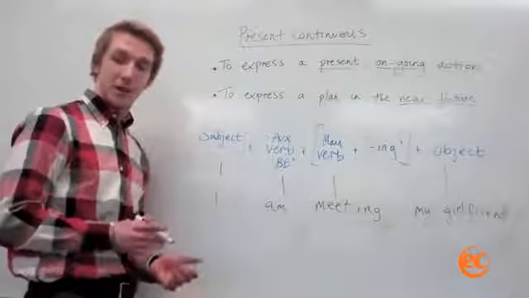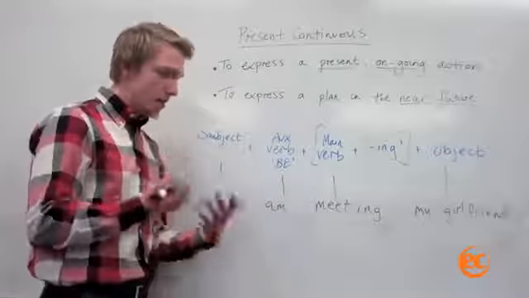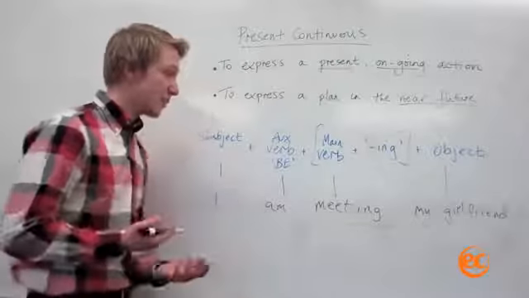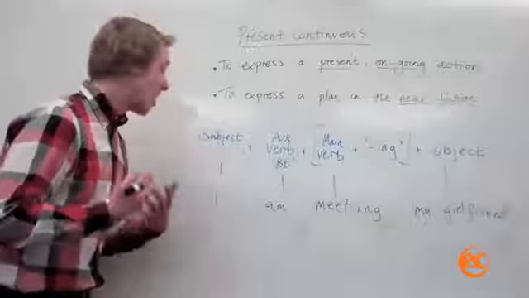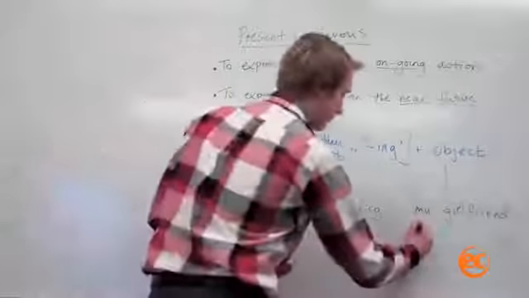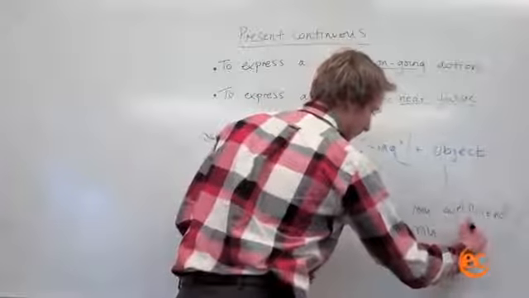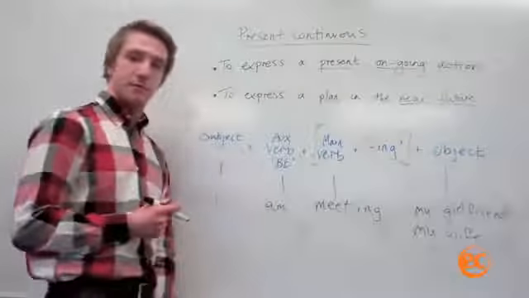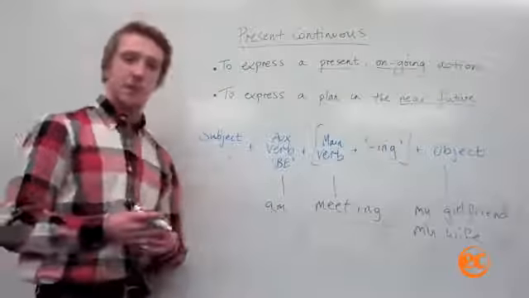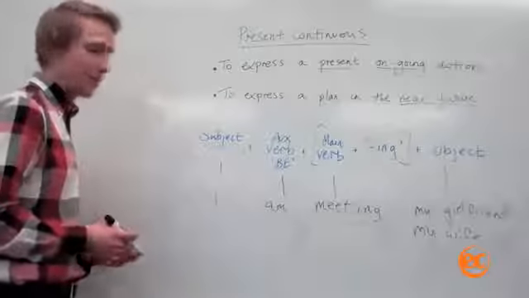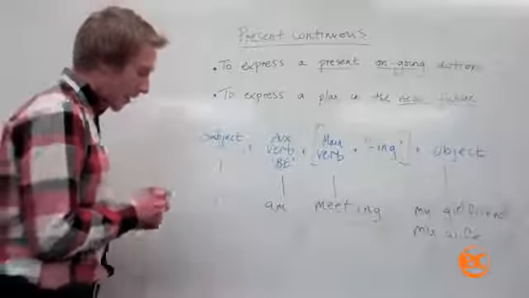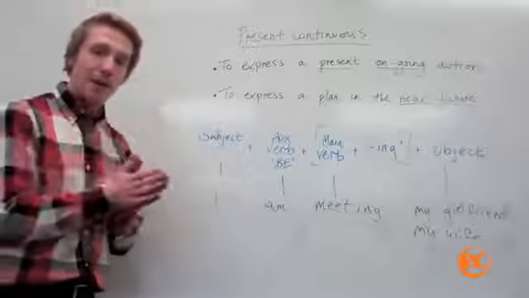That would make sense, wouldn't it? Again, it's Valentine's Day. It doesn't have to be your girlfriend. You could say, I am meeting my wife for dinner. For dinner. That's fine.